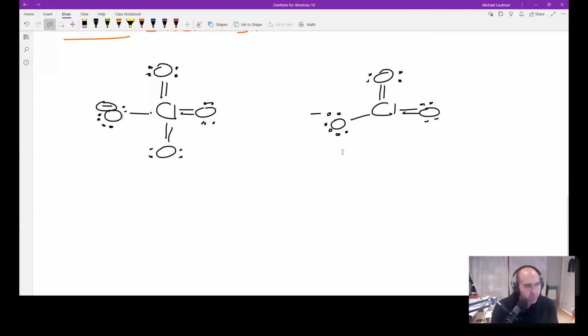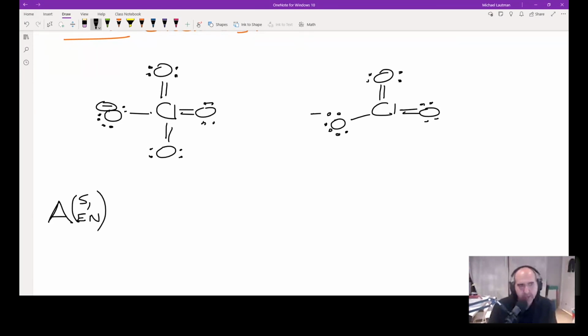The way we're going to do this is we're going to look at the factors that we know about. The first two differences were related to the atom carrying the charge, and the atom had size and electronegativity.